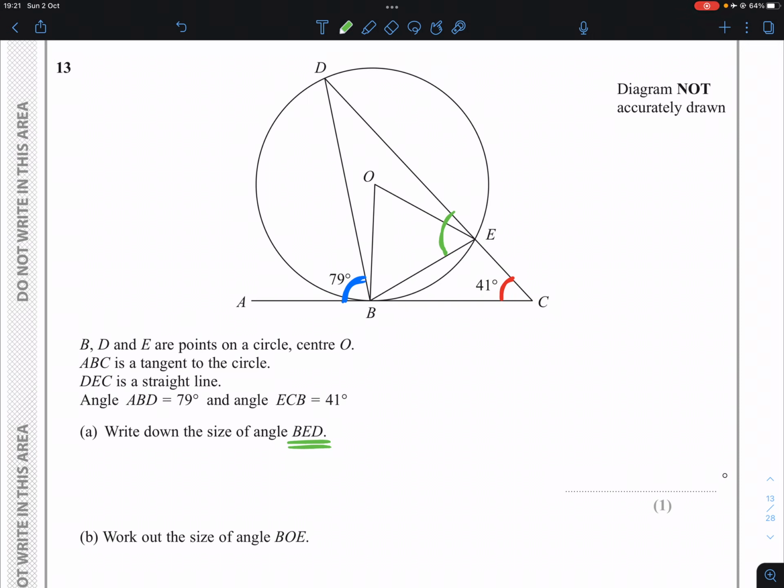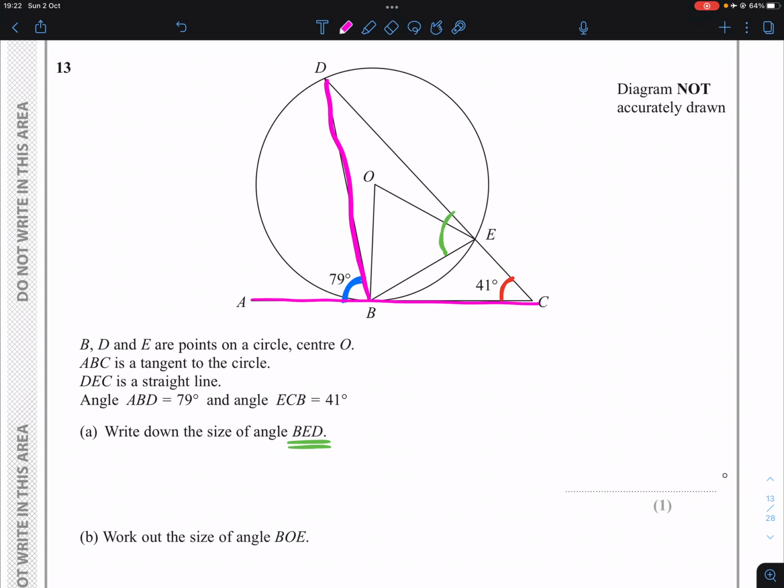So, based on this question, there are a few circle theorems that are at play here. The first one that springs to mind is actually one of the trickier ones, the alternate segment theorem. So we have our tangent like so. The angle between a tangent and a chord is equal to the angle in the alternate segment.